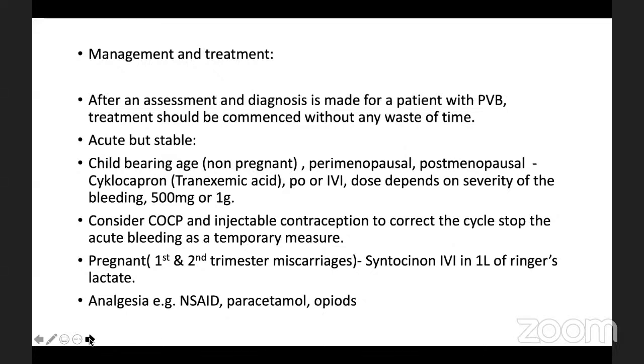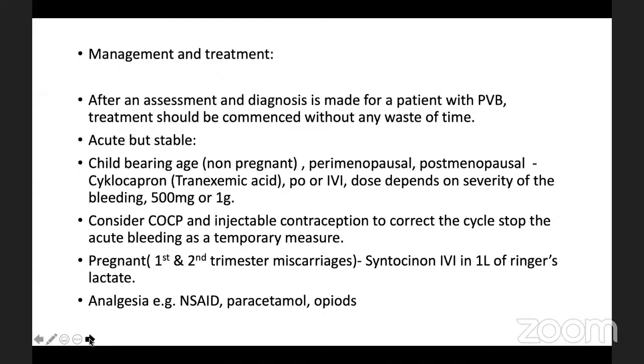Tranexamic acid is a tablet that assists in building a clot. These women are bleeding, so basically we're trying to stop the bleeding. The amount we usually give is about 500 milligrams TDS for about 5 days, or if the patient is bleeding a lot, we give 1 gram per os TDS.